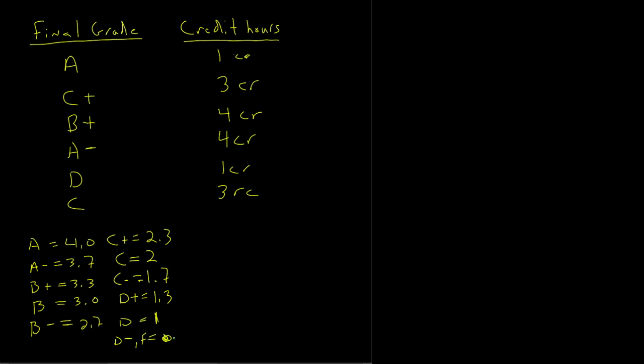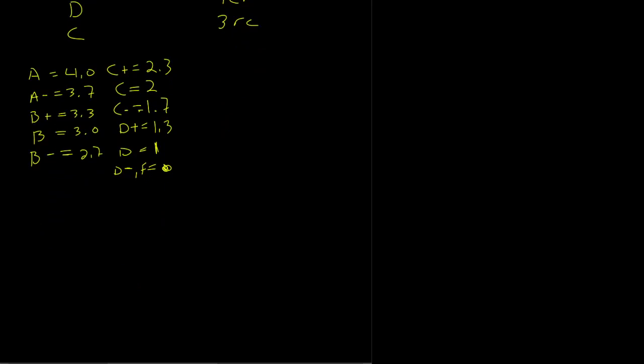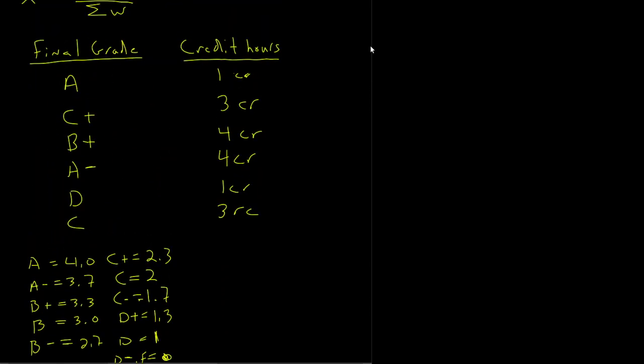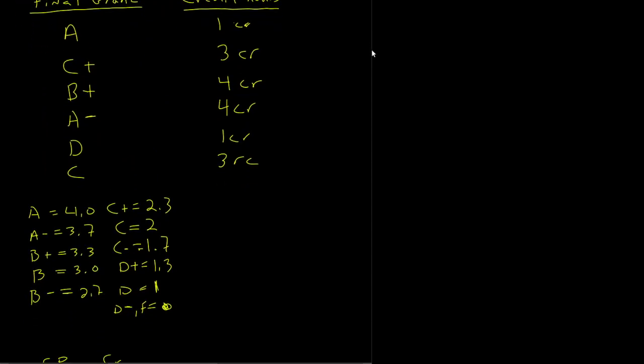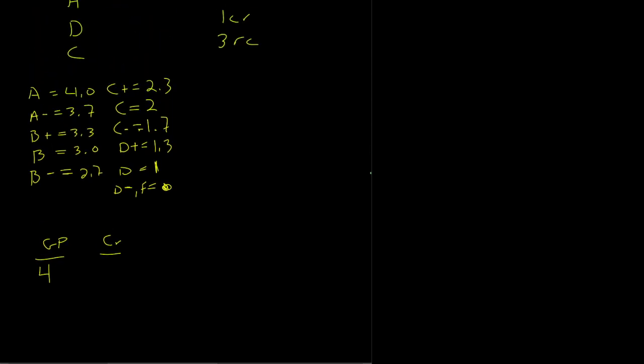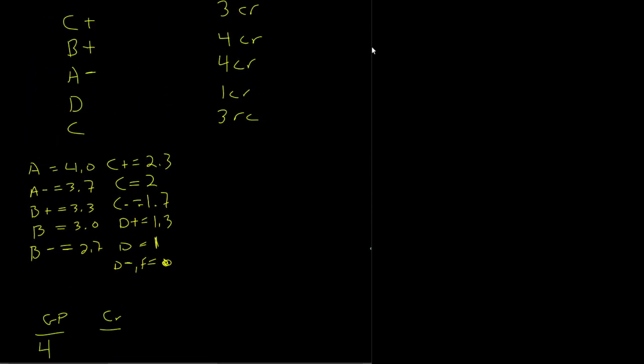And so what we want to do is we want to turn these points into a grade point average, a GPA. So let's make a table here. So I'll make my grade points, my credits will be on my table here. So I'm going to repeat these. 1, 3, so an A is a 4. A C plus is a 2.3.